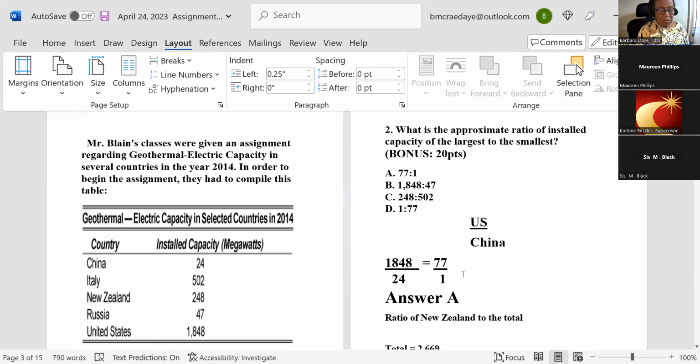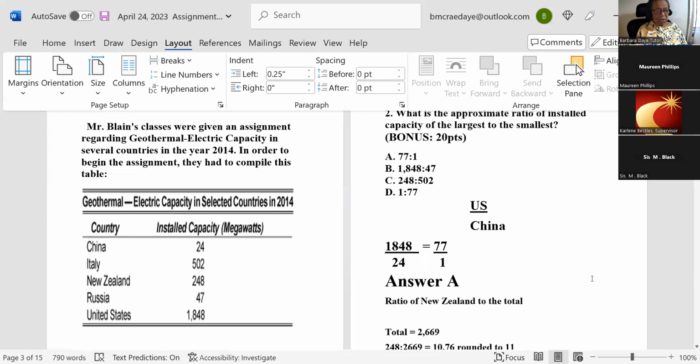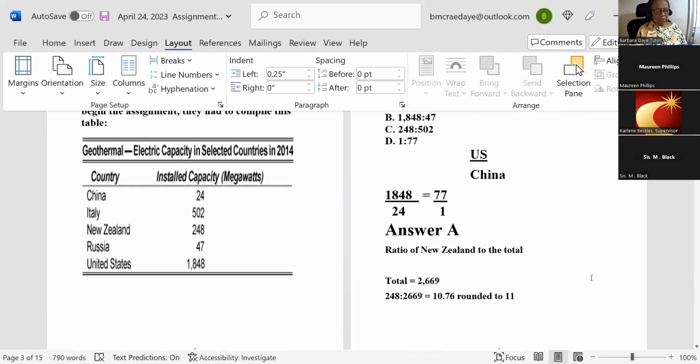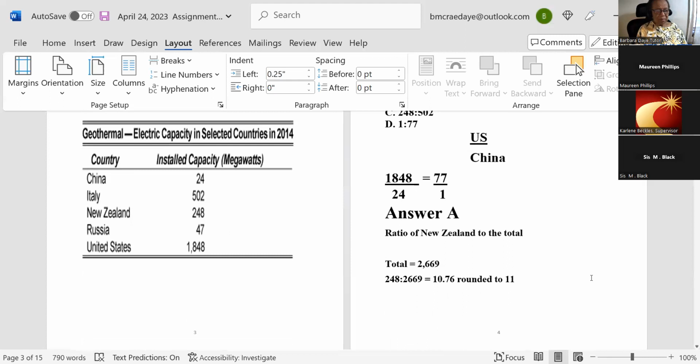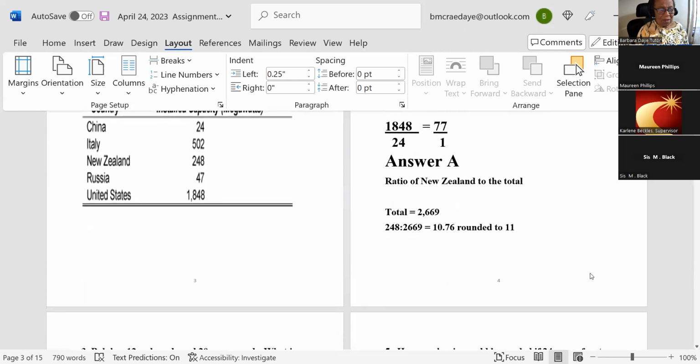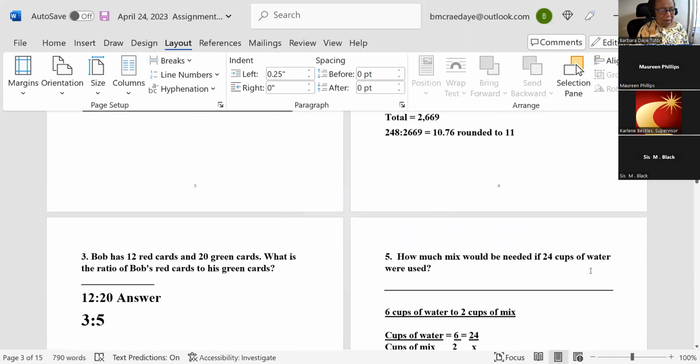That's what Maureen said: she noticed she didn't have this as one of her choices, so she divided too. I did it the right way, like the original.